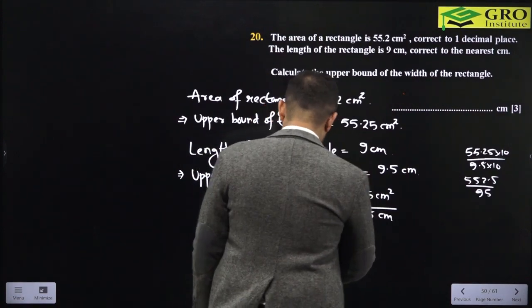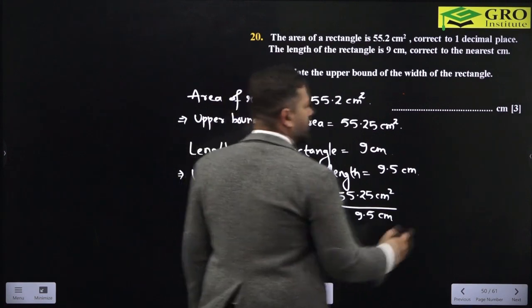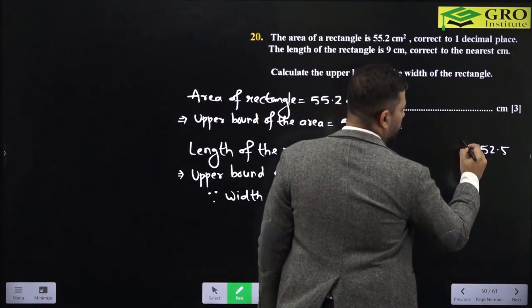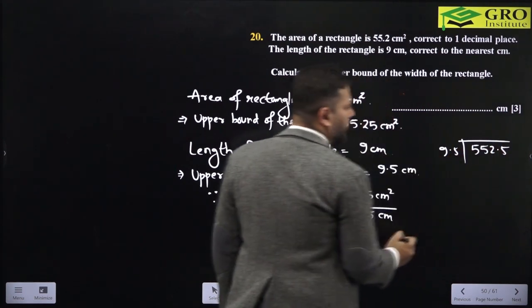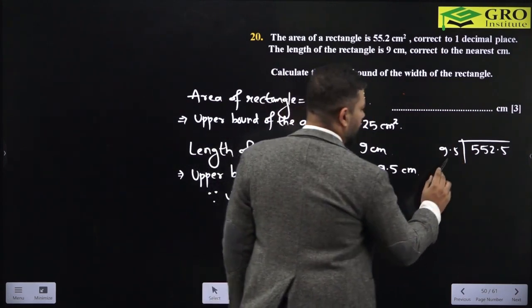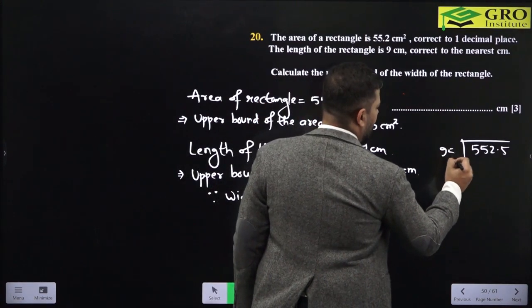Let us do that. 552.5 divided by 95. You may use your calculator as well. I am doing it in my way. So 9.5 has become 95, sorry, yes, 95.